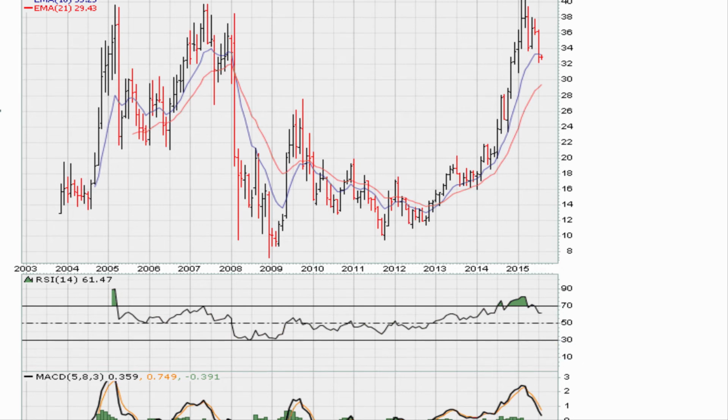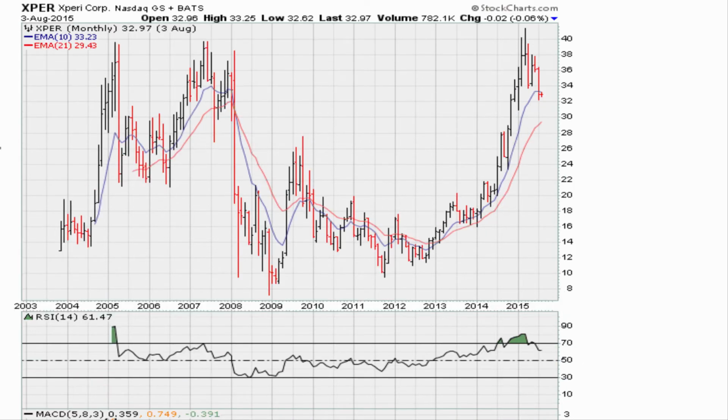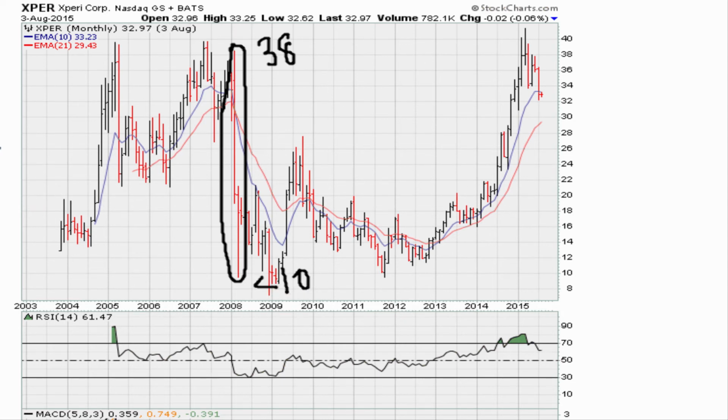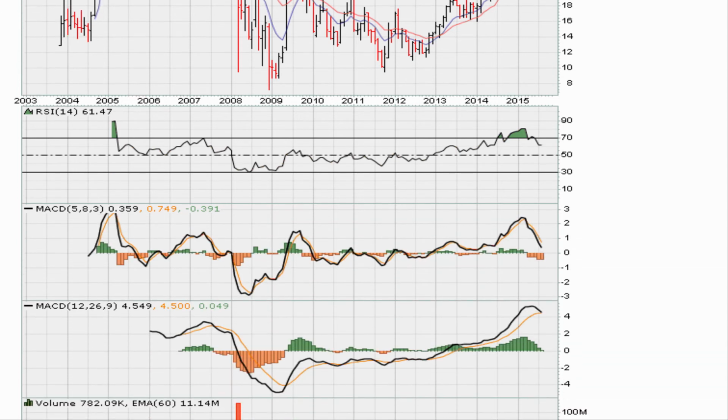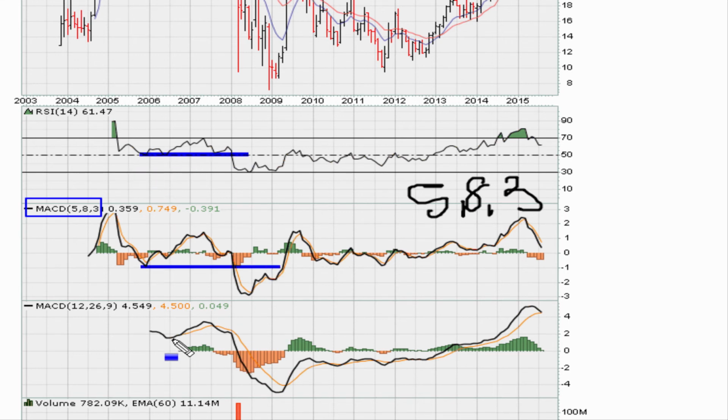Again, keep in mind we're talking about the time period where we have what for all intents and purposes was a crash period here. This is almost 2 months of a drop. That is significant, from 38 to under 10. That's a big drop. Now that I've updated that setting, the setting for the MACD is 5, 8, 3, and we're going to get the same minimum requirements, because that doesn't change the interpretation much.